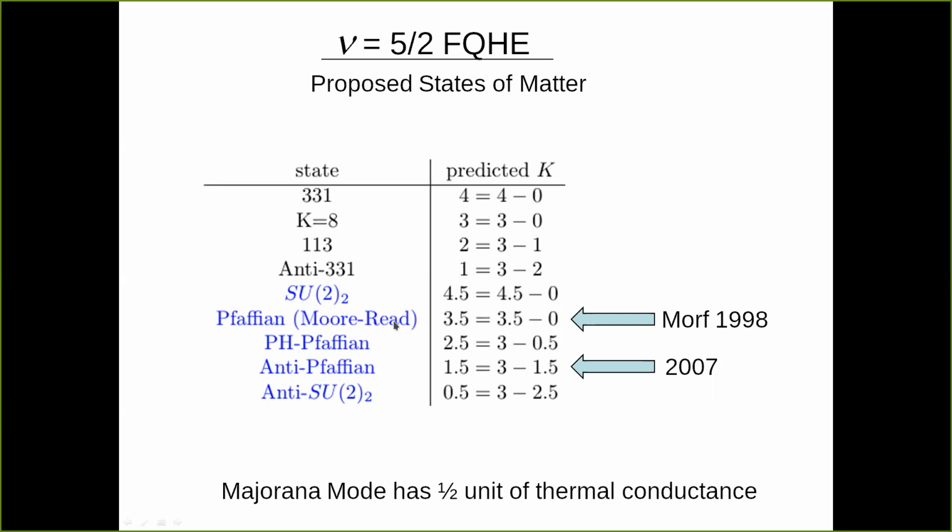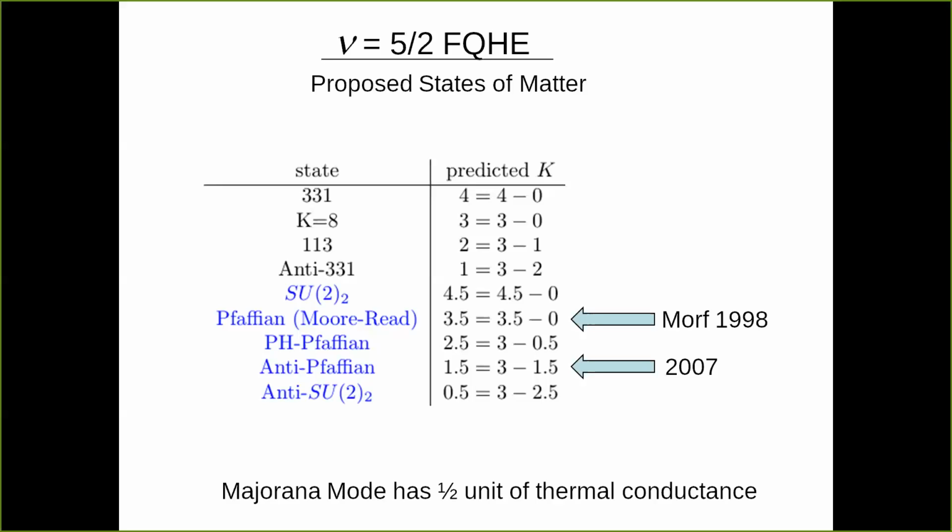But another thing you could have done is you could have filled 3 Landau levels and then removed half of the last Landau level, half of the valence Landau level, kept track of where you put the holes, and put the holes in a Pfaffian wave function. That gives you what's called the Anti-Pfaffian. So these two are mirror images under the transformation of changing a particle to a hole within the valence Landau level.